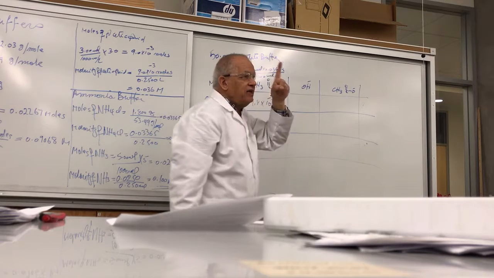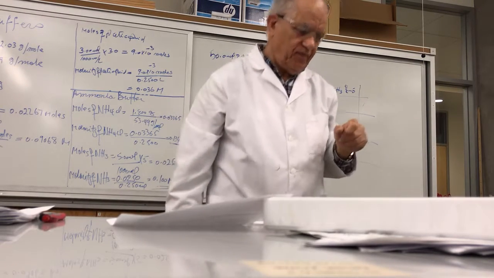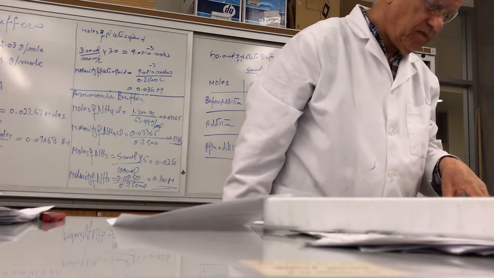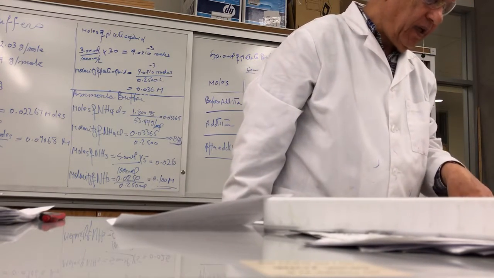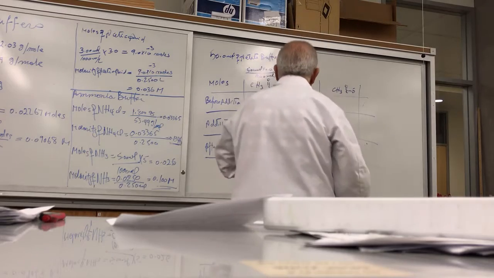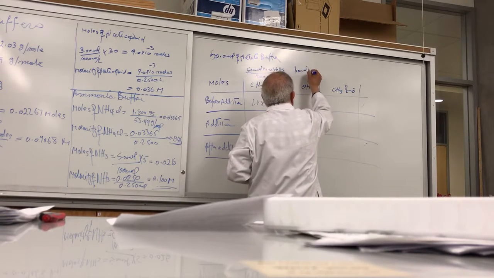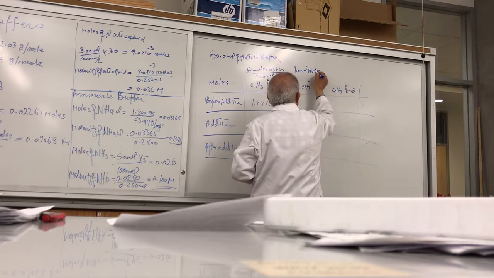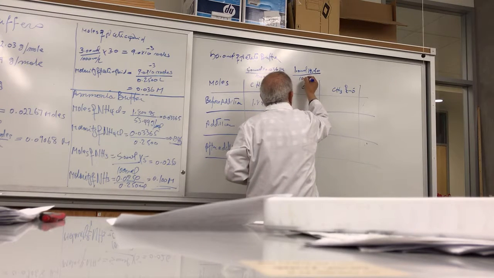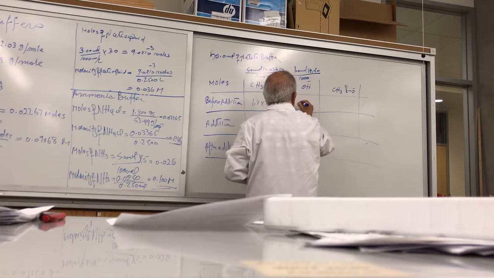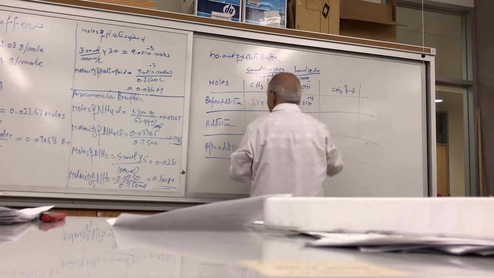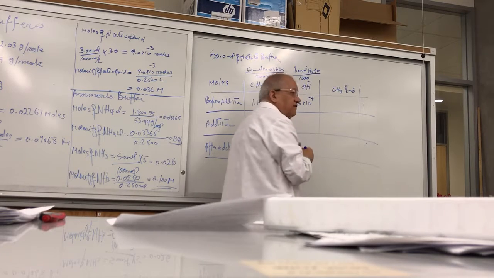We added 1 milliliter of sodium hydroxide, and its molarity is 0.6. So sodium hydroxide would be 1.0 milliliter times 0.60 divided by 1,000, and this will be 6.0 times 10 to the power minus 4. That's before addition. That's what we have.